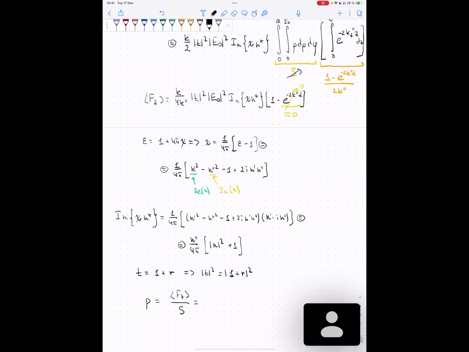And in the end, we will have K divided by... Didn't you forget the area in the full formula of average F when you wrote F on the Z axis? Yeah, it's true. It's S here. Yes.